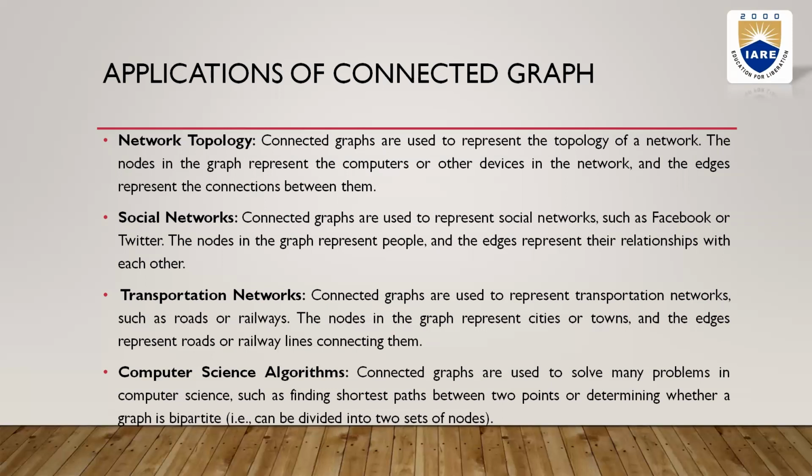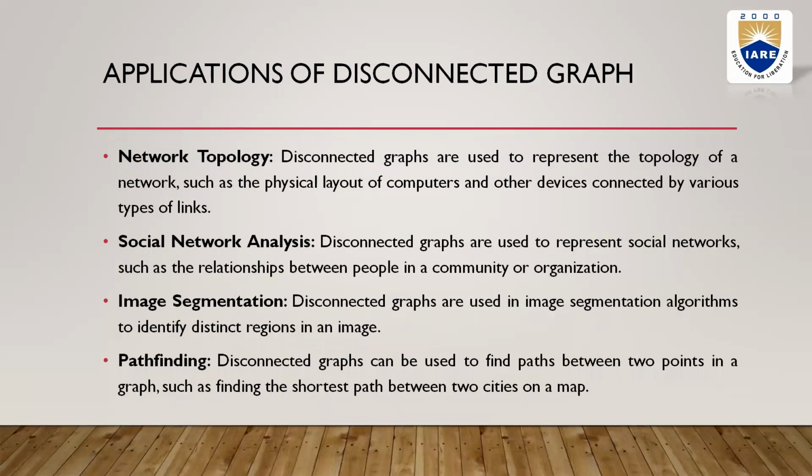Now we will discuss the applications of disconnected graph. There are two in common between connected and disconnected graphs. These two applications are the same, that is network topology and social network.